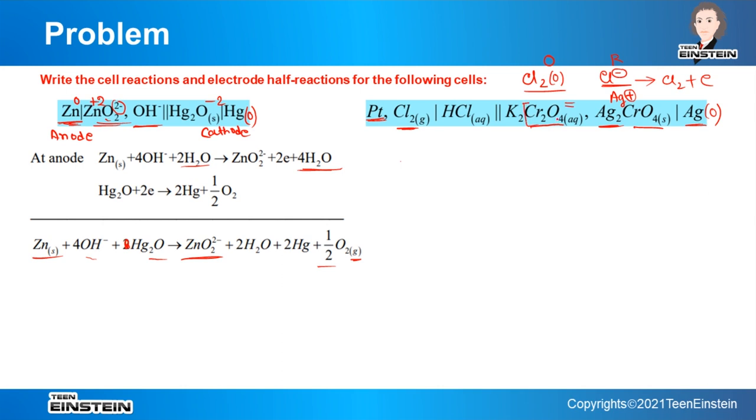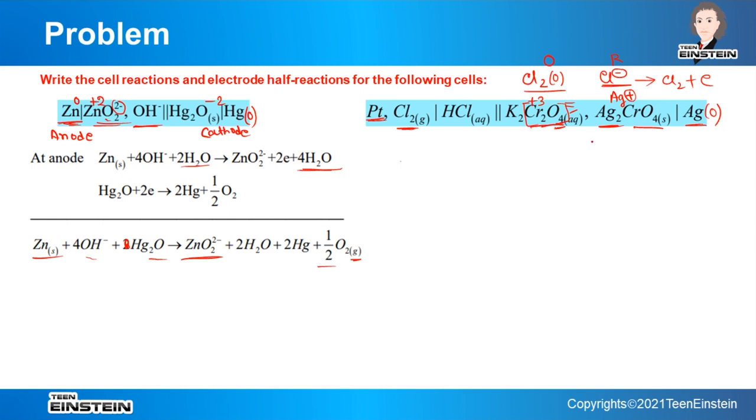If you just focus on this part, what will be the oxidation state of chromium? For each oxygen it is -2, so -2 into 4 is -8, and here we have a charge of 2 minus, that means the chromium oxidation state must be 3. Okay, 3 into 2 is +6, and 4 into -2 from oxygen is -8, so overall 2 negative charge extra.